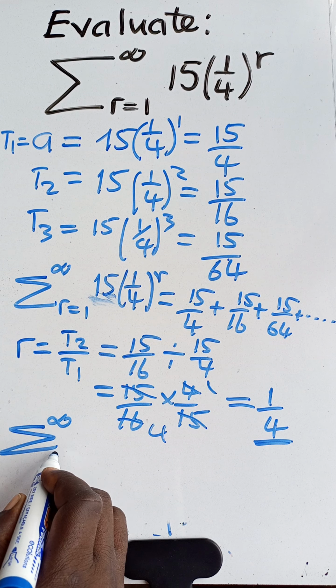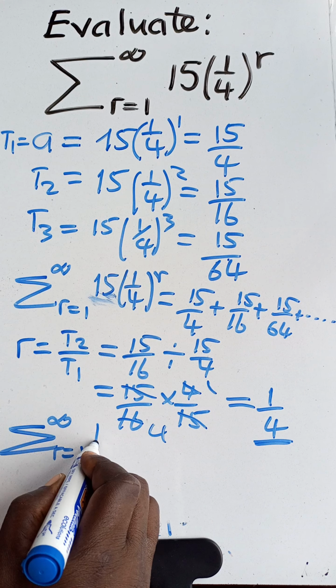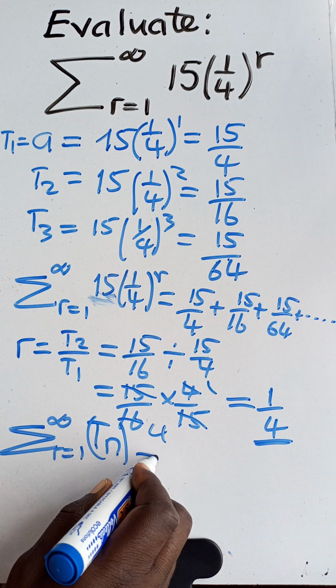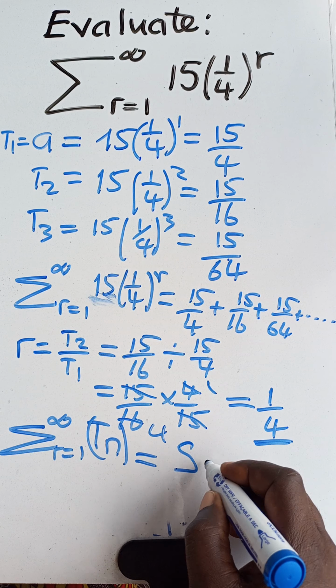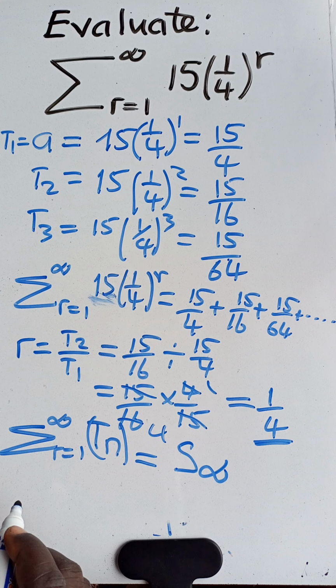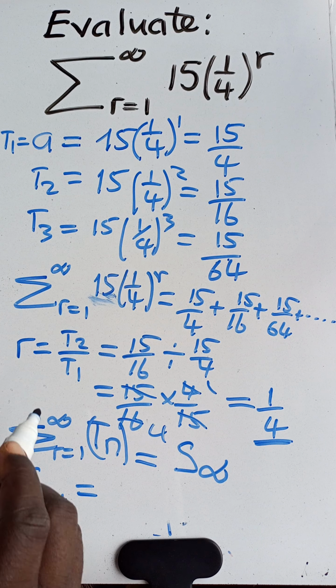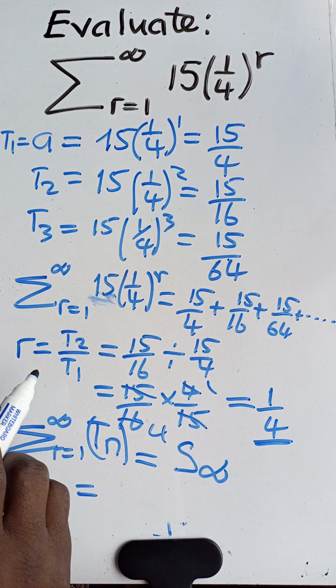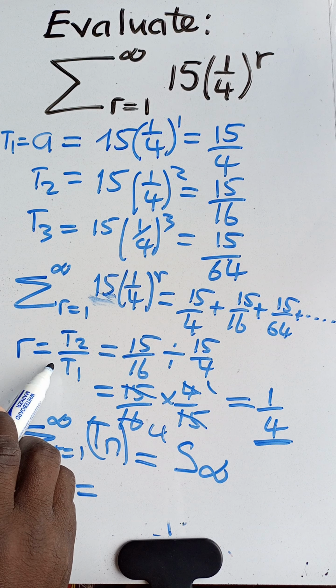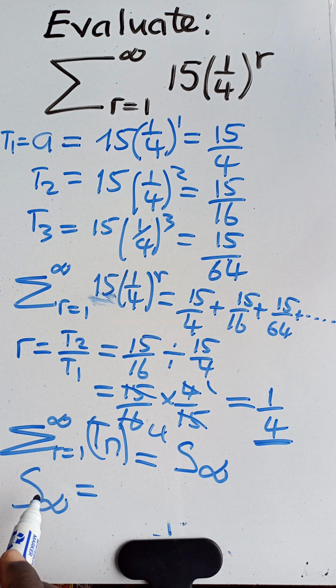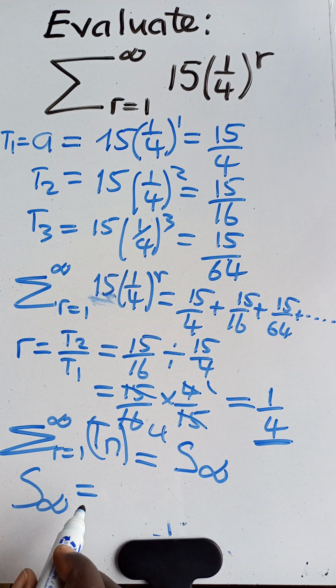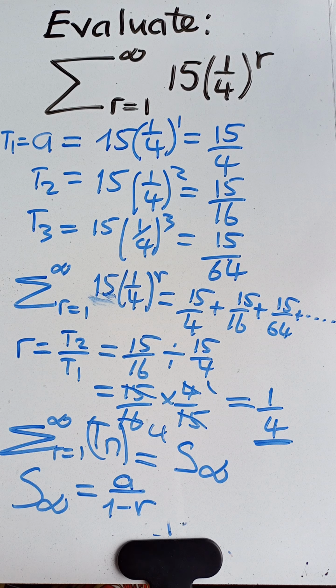This sum of our Tn, our general term, is actually what we call the sum to infinity. And sum to infinity is for a geometric progression, because it's only a geometric progression that has a common ratio. The sum to infinity is usually the first term all over 1 minus the common ratio.